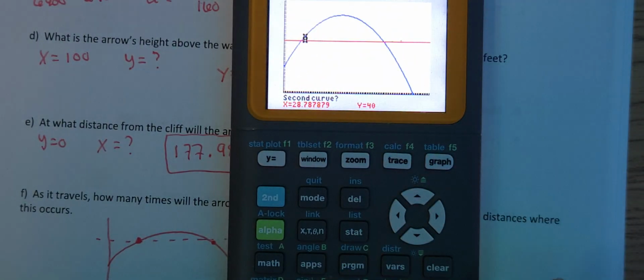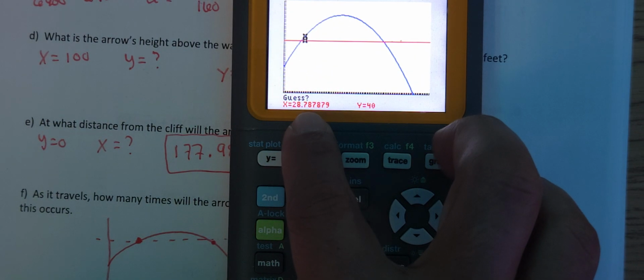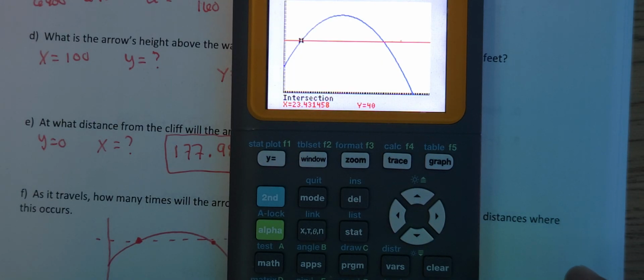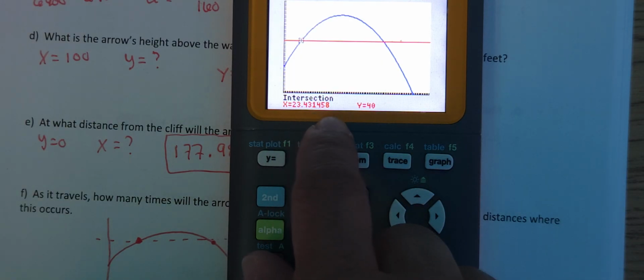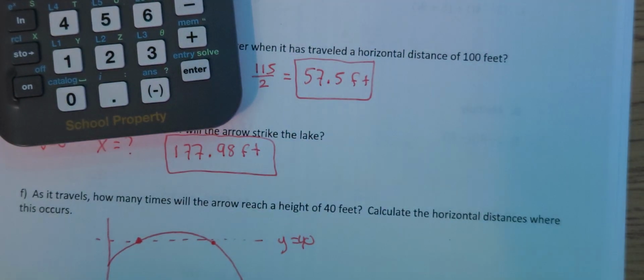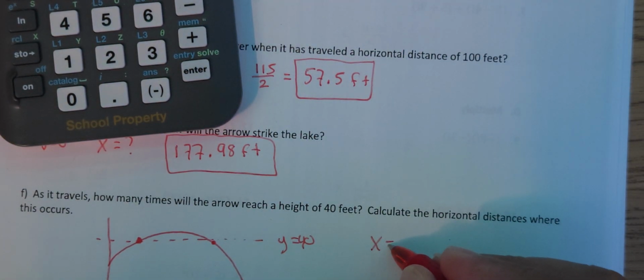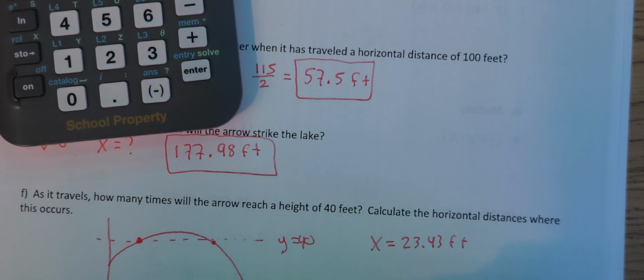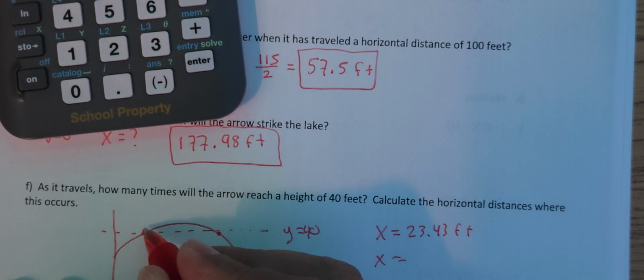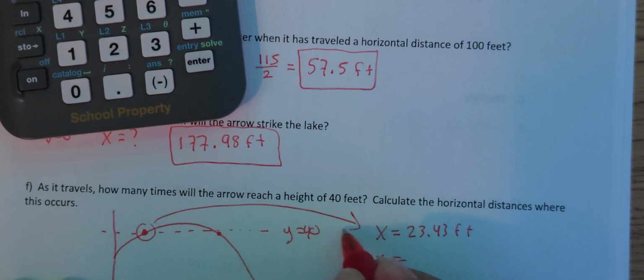So first curve, second curve, press enter, and it gives me 23.431. So one intersection happens at x equals 23.43 feet, and that's this one here. Okay, so that's that intersection, and let's get this one now.